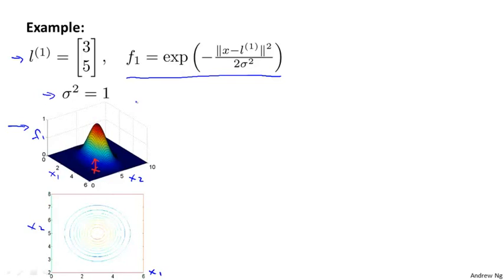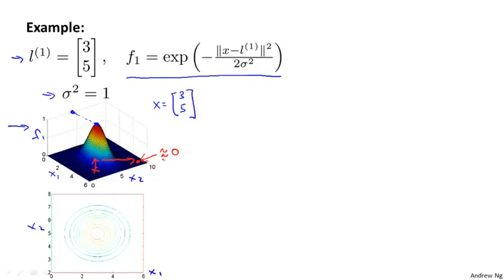You notice that when x is equal to 3, 5 exactly, then f1 takes on the value 1, because that's its maximum, and as x goes further away, this feature takes on values that are close to 0. So f1 measures how close x is to the first landmark, and it varies between 0 and 1 depending on how close x is to L1.